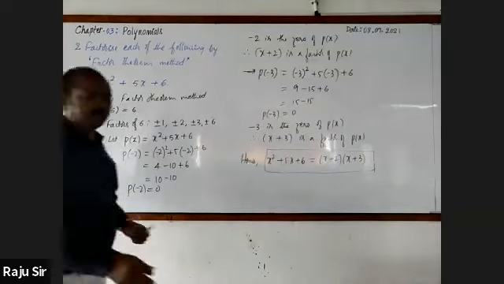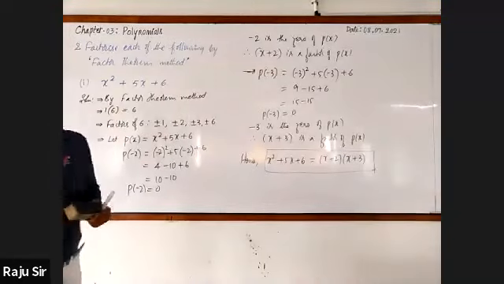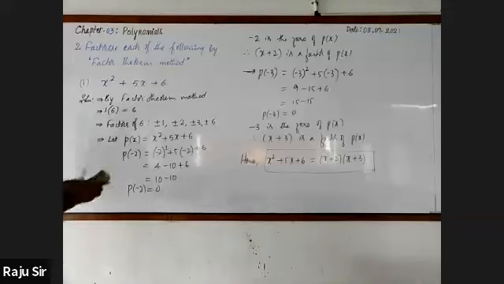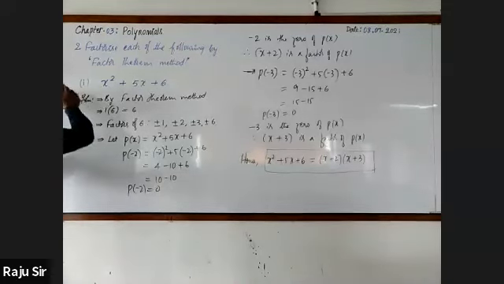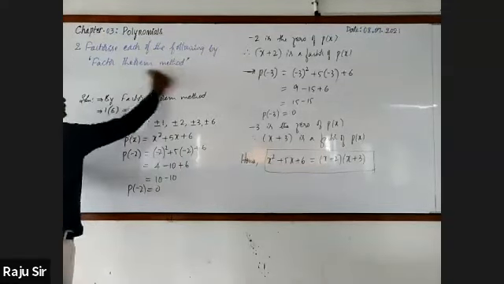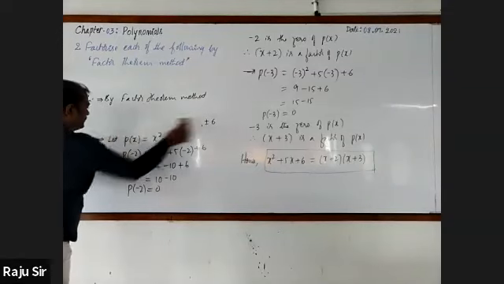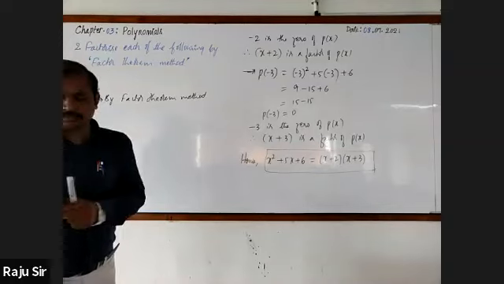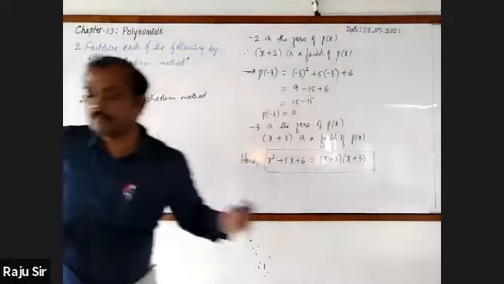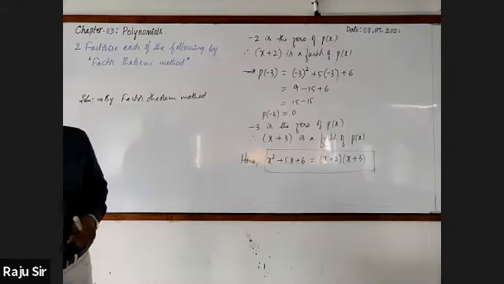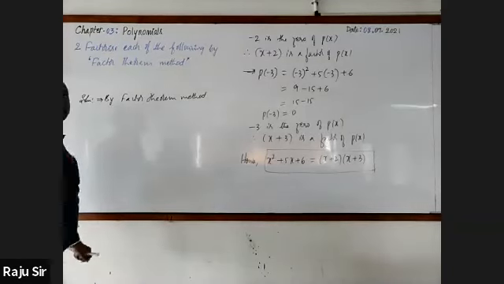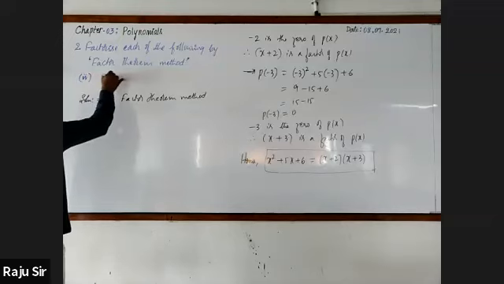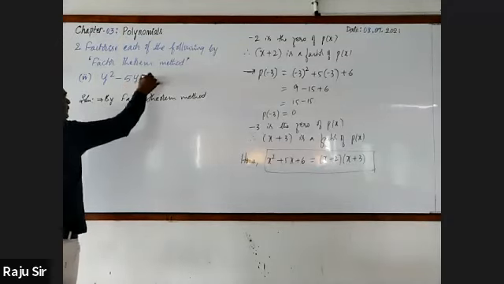Now let me go for giving you the next one. Next one is, I'll write that here only. It is y square minus 5y plus 6.